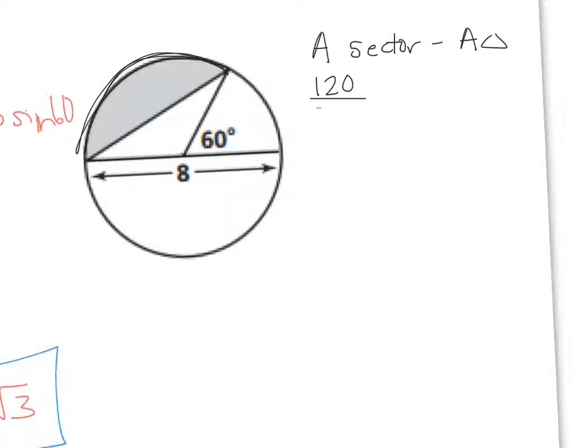So it's 120 over 360 times the area of the circle, where the radius is 4, so it's 16 pi, minus the area of the triangle. This cancels out. This is 1/3, so it's 16/3 pi minus the area of the triangle.